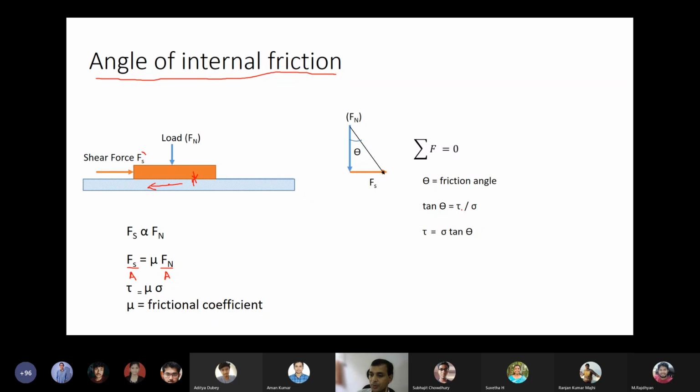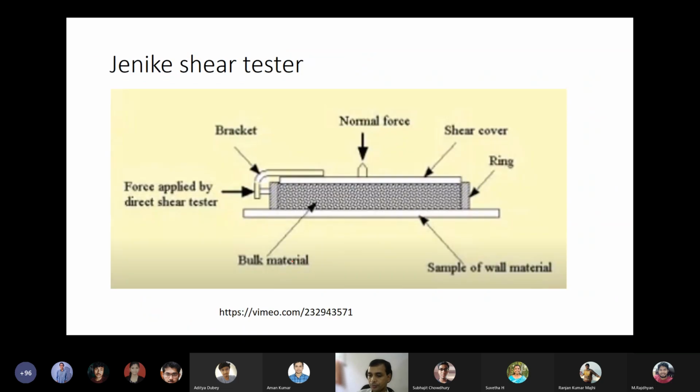Dividing by area gives the shear stress versus the normal stress, and the shear stress is equal to the normal stress times tan theta. So we can express the relation through the frictional coefficient, and we can also express it based on the friction angle. For solids, the angle of internal friction is more often used than the frictional coefficient.